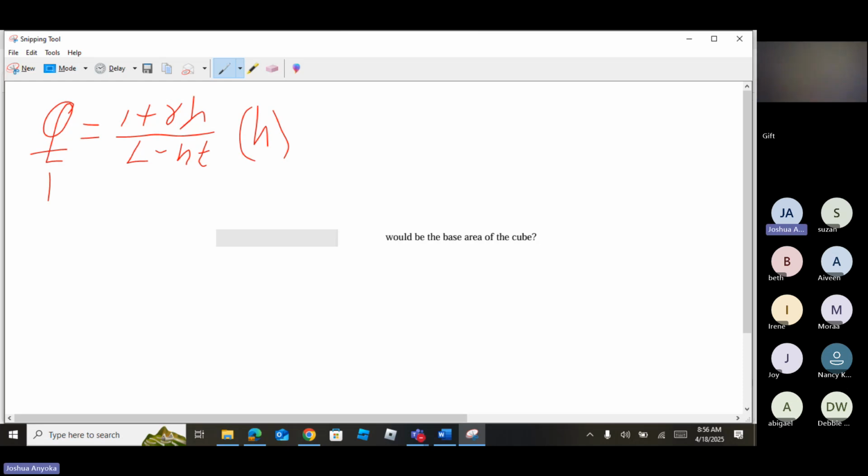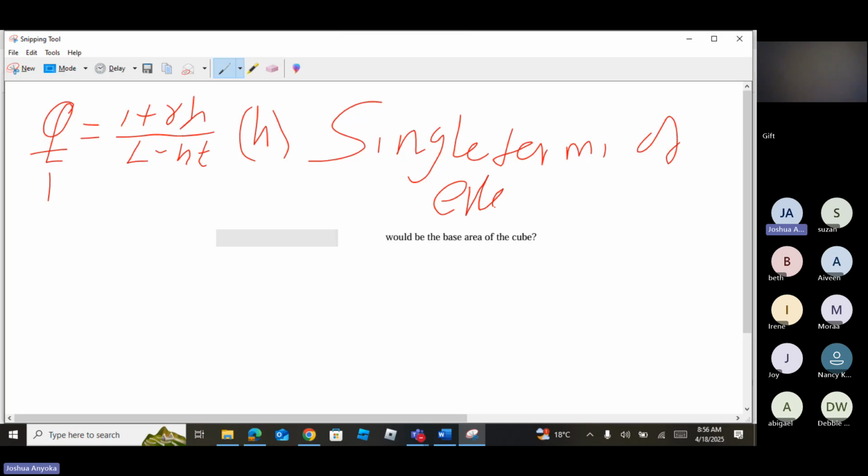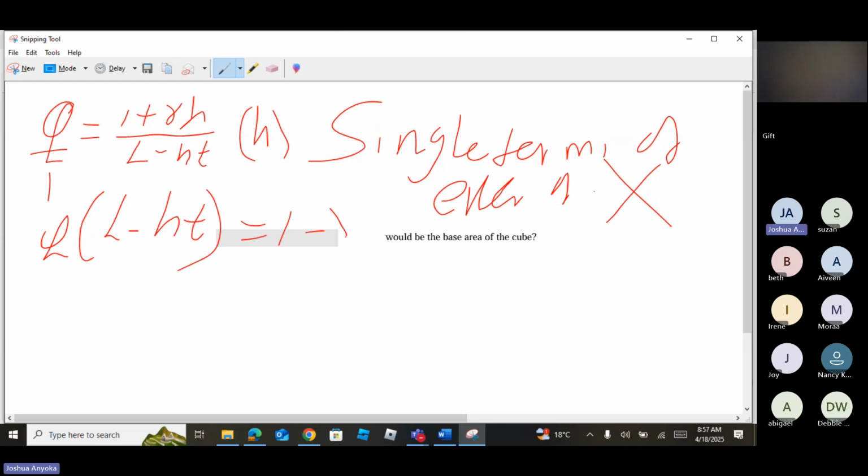We have single terms on either side of the equation. So we cross multiply. We have Q into L minus HT is equal to 1 plus RH.